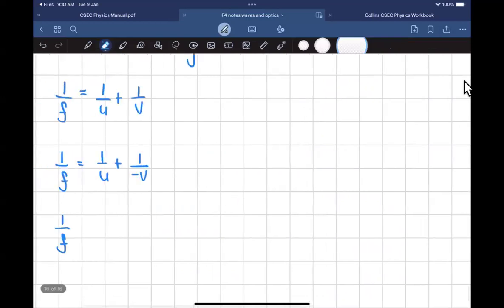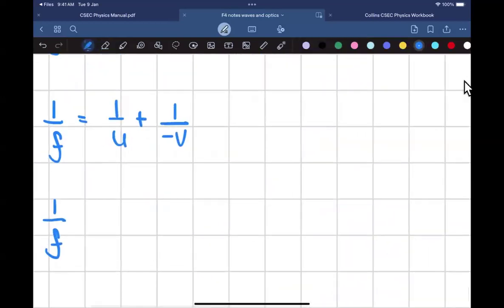So you all will see what I'm going to do. We have 1 over f is equal to 1 over u, and instead of writing plus 1 over minus v, I'm going to write minus 1 over v. Because this whole thing turns into a negative.